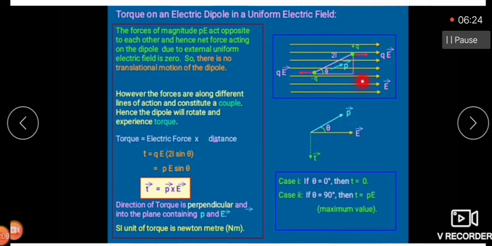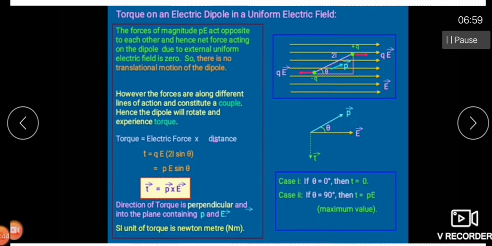And in the diagram this distance is twice L sin theta. So substituting this value, twice L sin theta, since Q into twice L can be written as P, the electric dipole moment, torque is equal to PE sin theta, and PE sin theta is the cross product of P and E. Hence torque is expressed in vector form as torque is equal to vector P cross vector E.